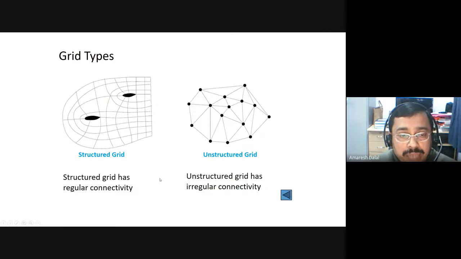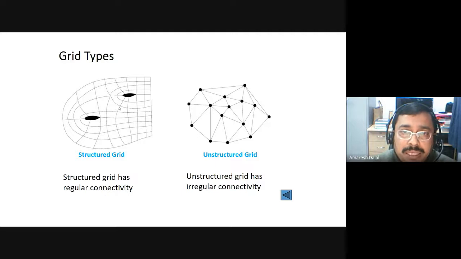In structured grid, you can see that it has regular connectivity, and you can represent the neighbors with indices I, J, K in 3 dimensions. Whereas in unstructured grid, it has irregular connectivity, and it is very difficult to index the neighbors with I or I, J, K. So generally we index with the cell number in unstructured grid.